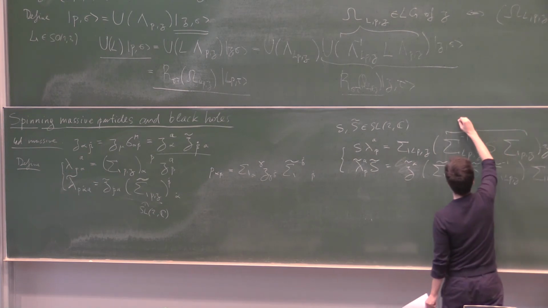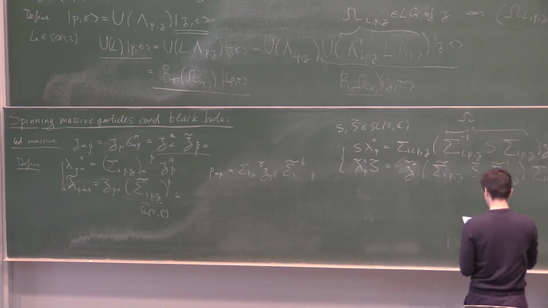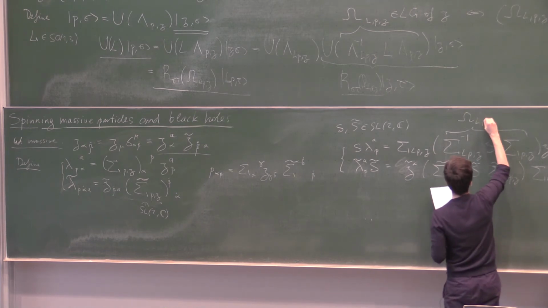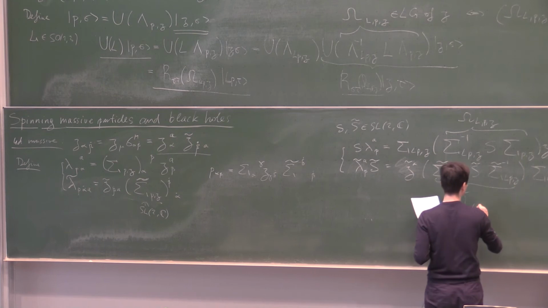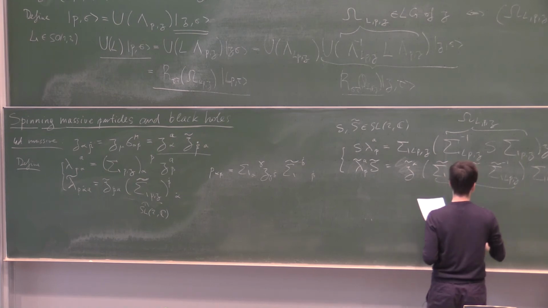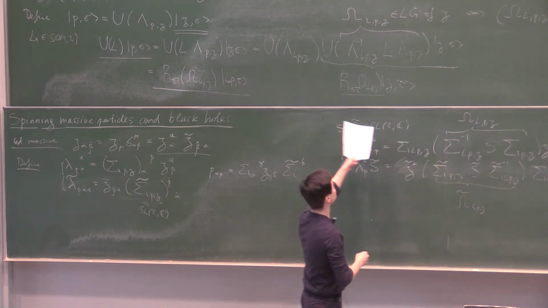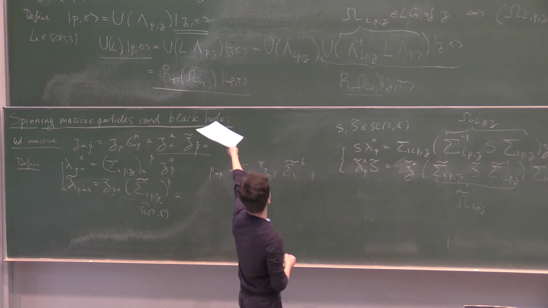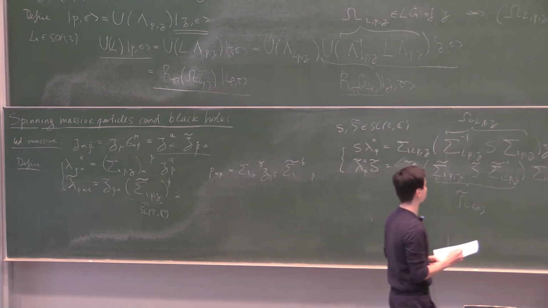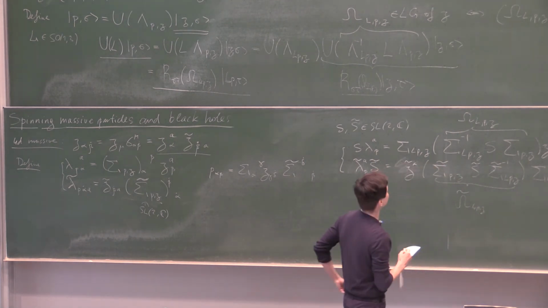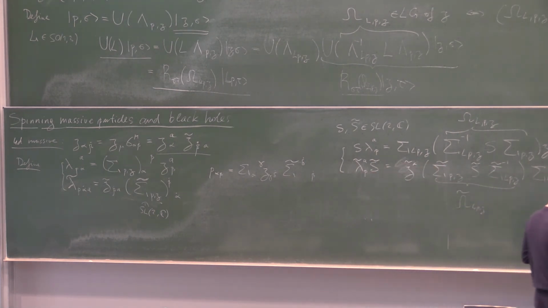Let's call them omega LP zeta and omega tilde LP zeta. Now those are just 2 by 2 matrices in SL2C instead of the transformation of the little group. But you know that those are basically the same things.